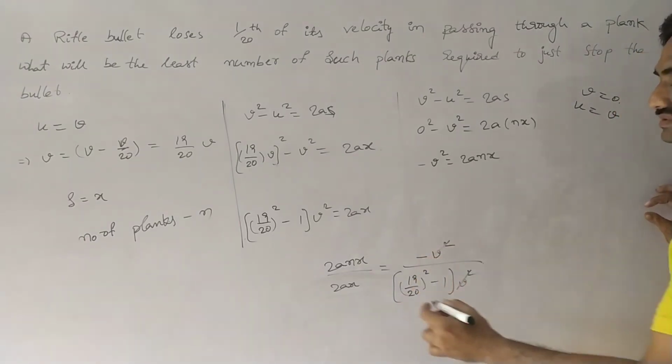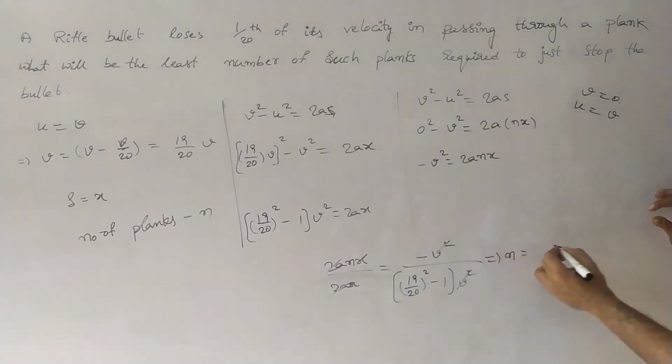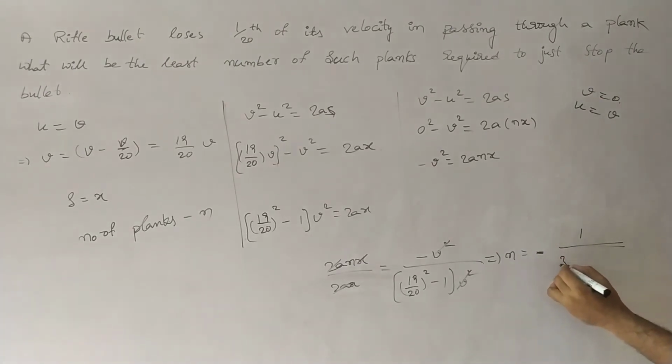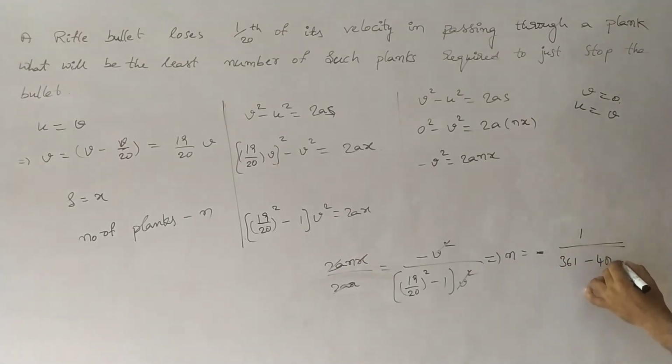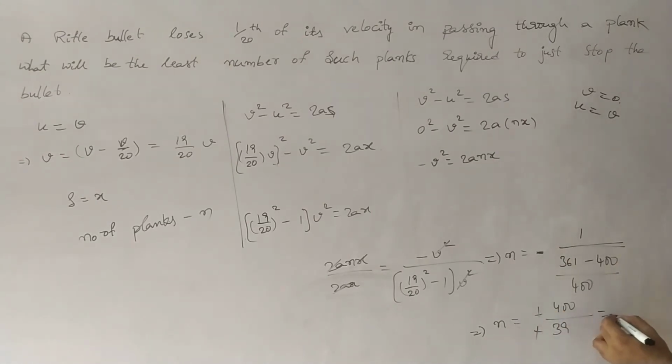So here v square and v square get cancelled and 2ax gets cancelled. So we have n equals minus of 1 by 361 minus 400 by 400. Then we have n equals minus 400 by 361 minus 400, nothing but minus 39. So minus and minus get cancelled. We have 400 by 39, which is approximately equal to 10.3.